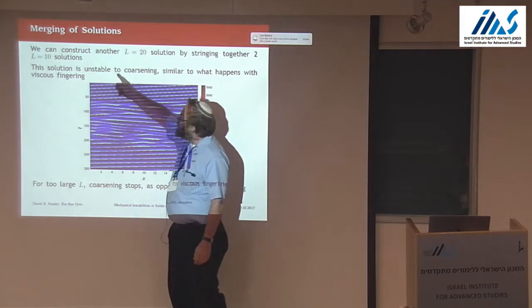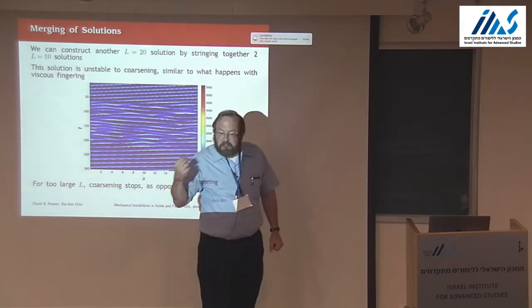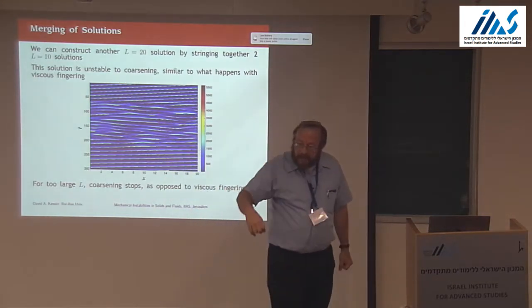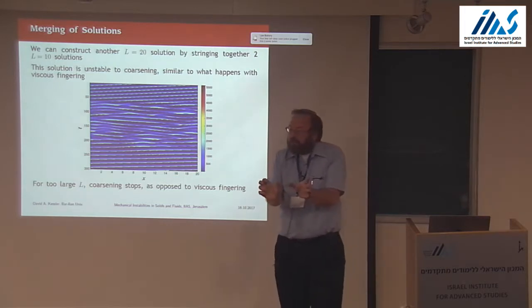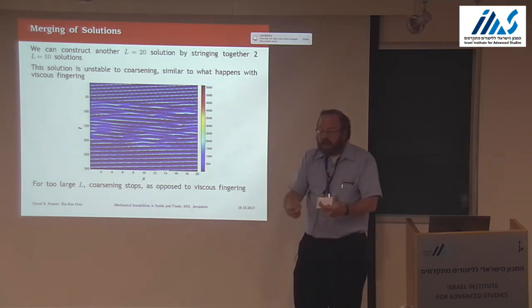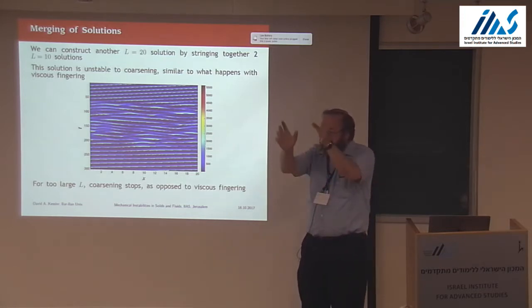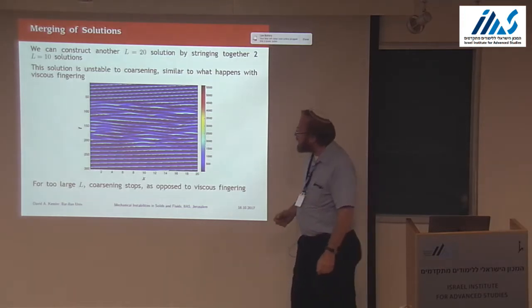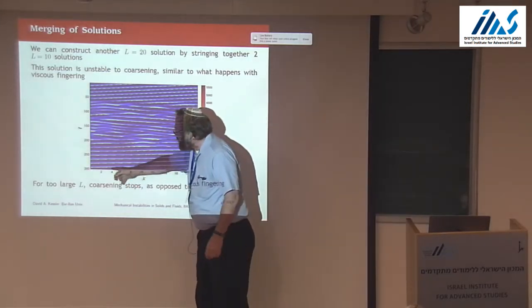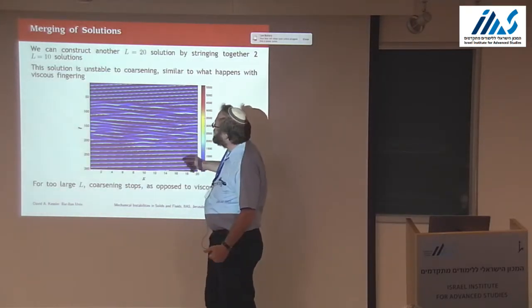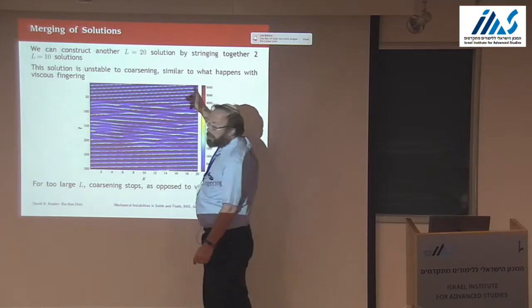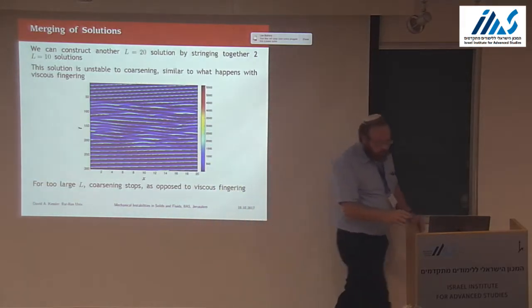And that solution turns out to be unstable to coarsening, just as what happens in Saffman-Taylor. If you start out with two Saffman-Taylor fingers and let the system progress, they interact with each other, and any small perturbation causes them to interact, and you get a single finger at the end of the day. That's what happened here. We started out with two L equals 10 solutions, and in the end, we get an L equals 20 thing.